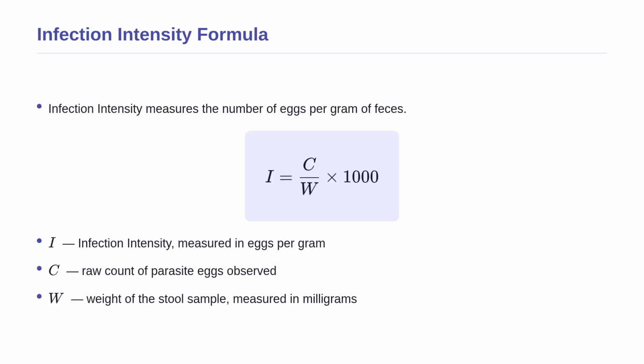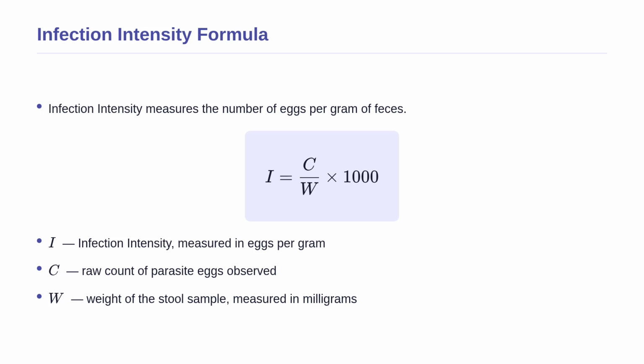To quantify this severity, we use a fundamental diagnostic equation. Conceptually, this formula scales a microscopic observation from a tiny sample up to a standardized macroscopic metric. In this equation, I represents the infection intensity, expressed in eggs per gram. C stands for the raw count of parasite eggs observed under the microscope.